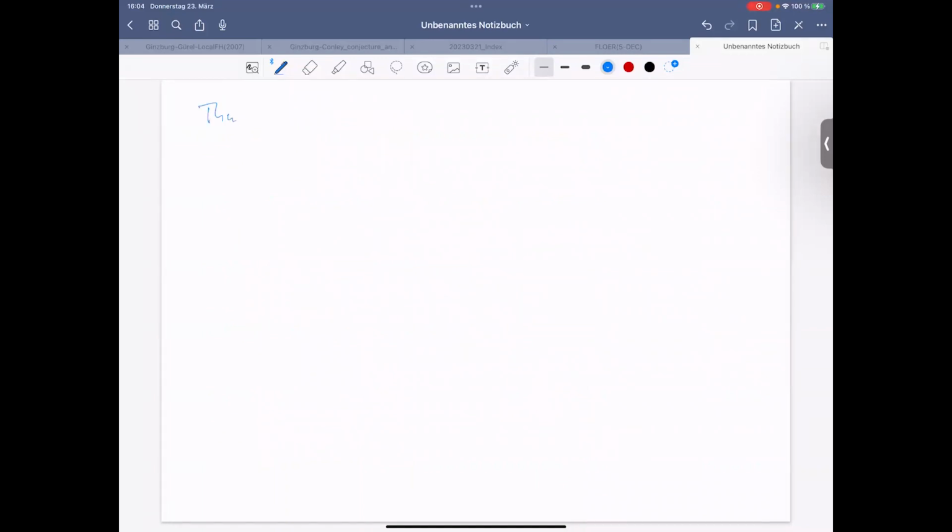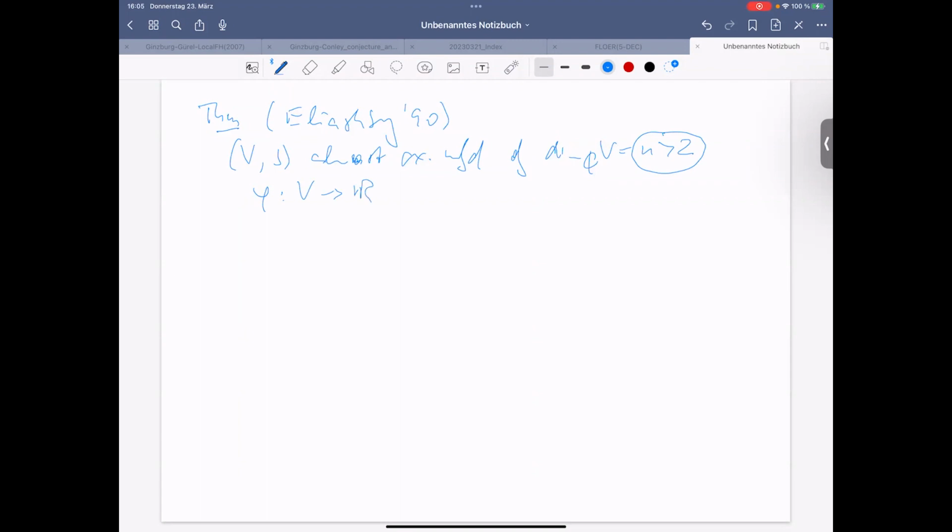So this is due to Yasha: you take any almost complex manifold, so just given an almost complex structure, of complex dimension bigger than 2, and phi from V to R an exhausting Morse function such that the index of all critical points is at most n.